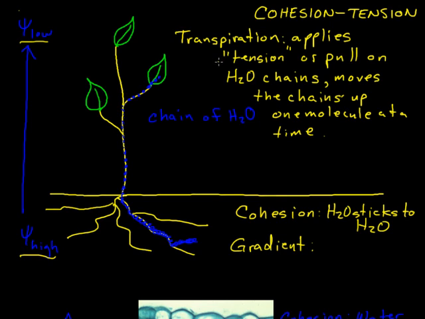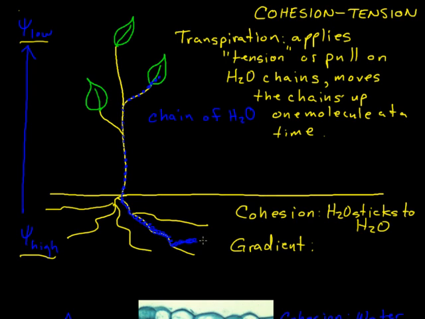In summary, cohesion tension refers to the fact that water forms continuous chains of molecules from the leaves into the xylem, cell to cell, down the xylem tubes, all the way into the roots and out into the soil. The second part of the story is that transpiration, as these water molecules evaporate, pulls up the molecule behind them, thus shifting the chain up one molecule all the way along the chain.